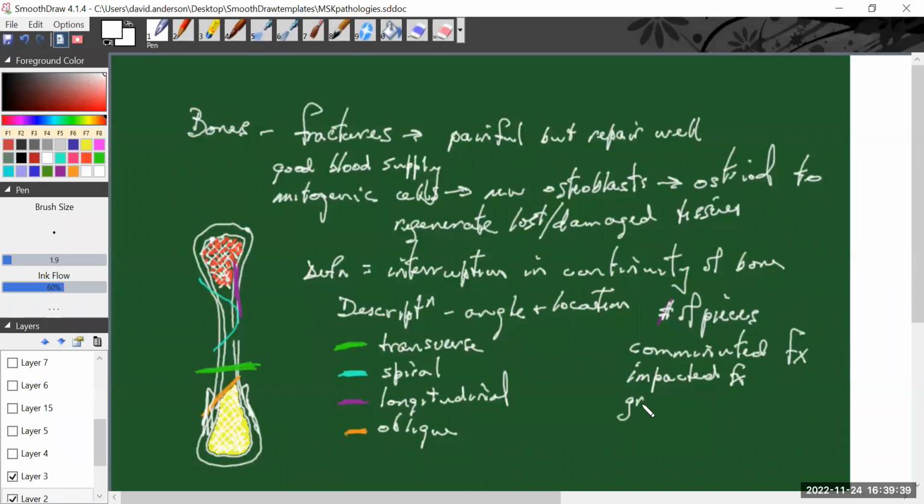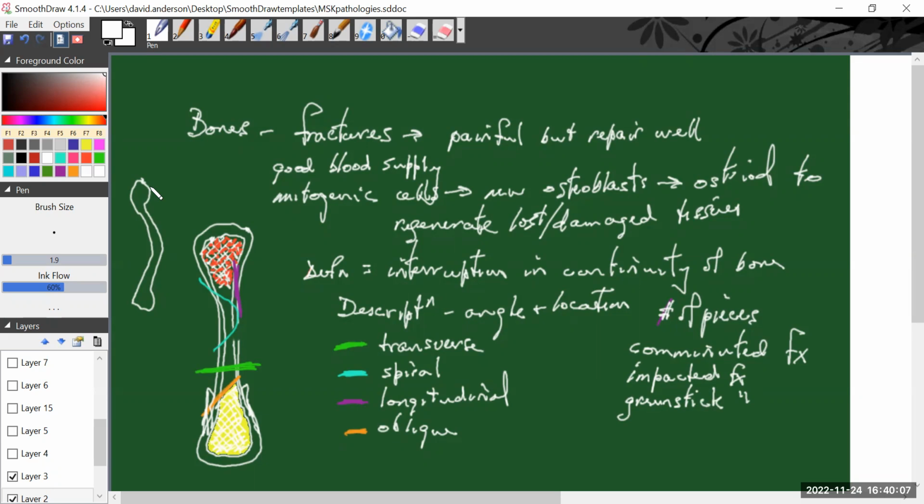Green stick. Anybody know what a green stick fracture refers to? You might see a green stick fracture in a young person, an infant or a toddler, because not all of their bone has yet become mineralized, so it has a tendency to bend a little bit.